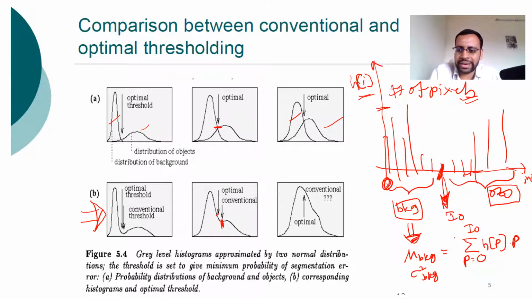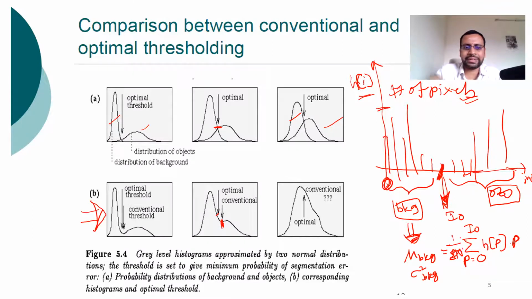Very good. Divided by, can you tell me what is that value? Summation of P? Is that H of P or something else? No, number of pixels, sir.